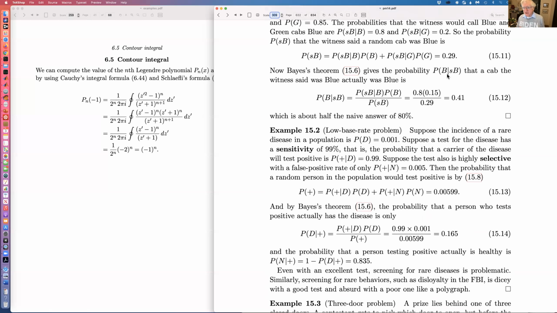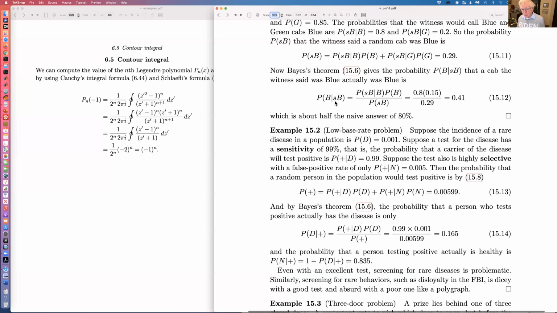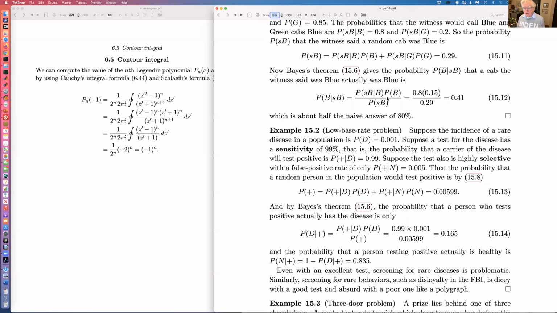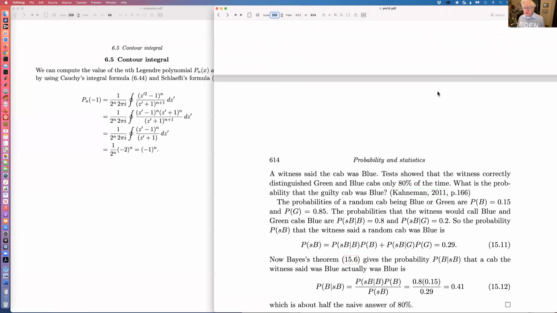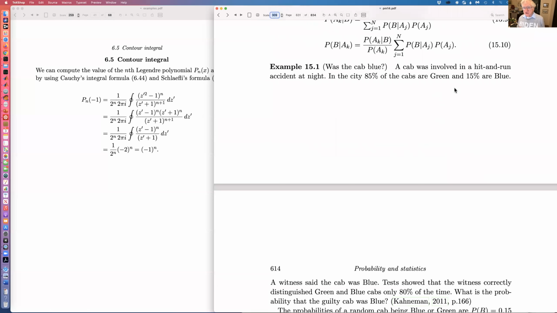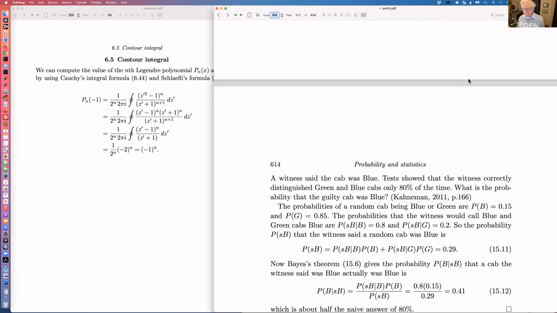Now Bayes' theorem gives the probability the cab that a witness said was blue actually was blue as probability of blue given that the witness said it was blue is, by Bayes' theorem, it's this, and now we've worked these things out. Probability of it being blue is just 0.15.